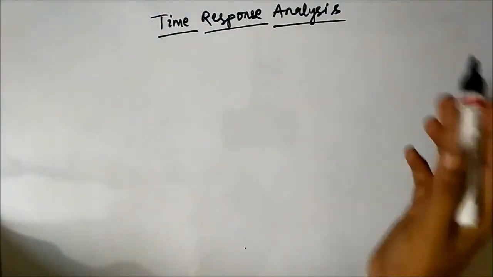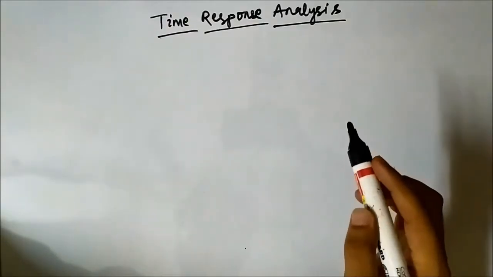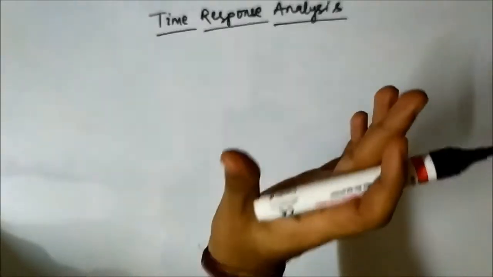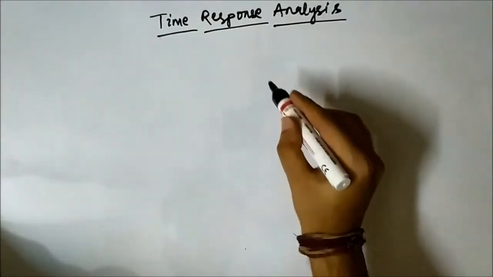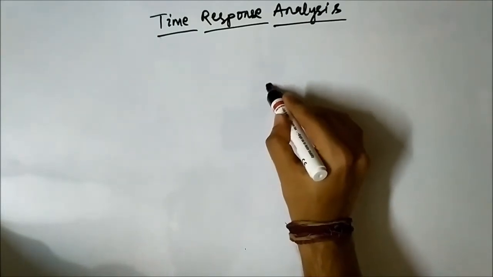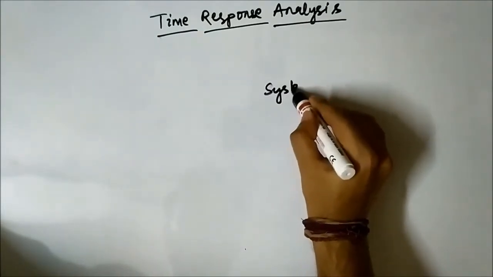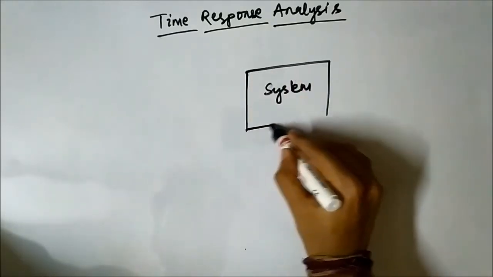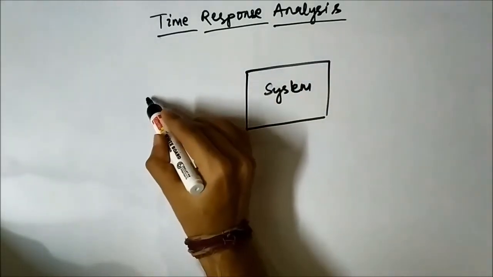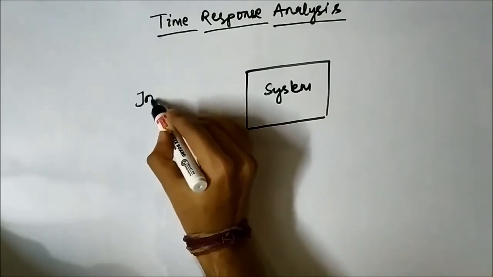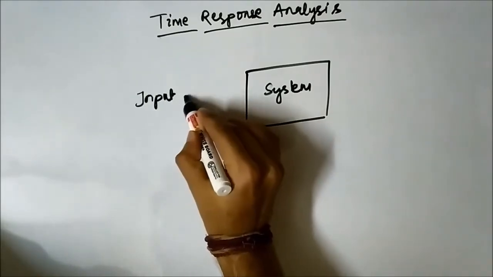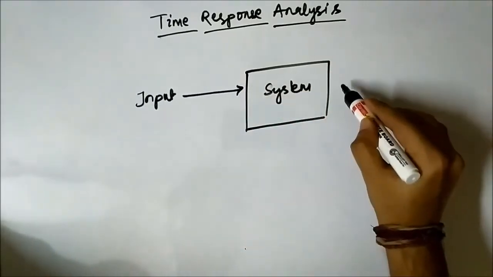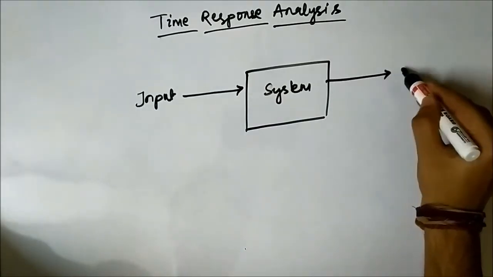So we know that in a control system or any system, we give some input to it and we get some output.